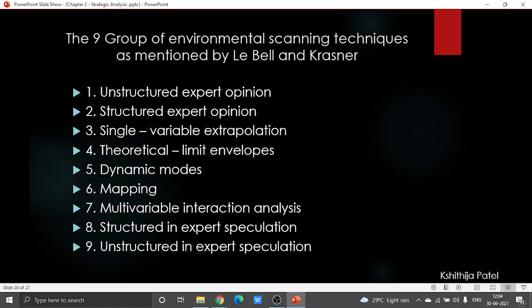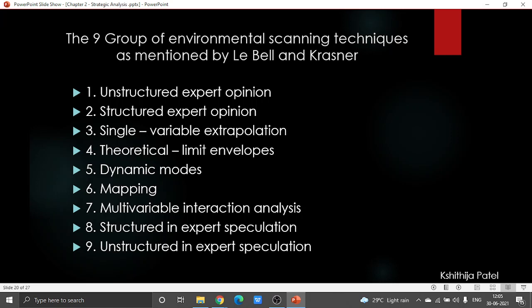The third one is called single variable extrapolation. The fourth one is theoretical limit envelopes. The fifth one is dynamic models. The sixth one is mapping. The seventh one is multivariable interaction analysis. The eighth one is structured expert speculation, and the last one is unstructured expert speculation.